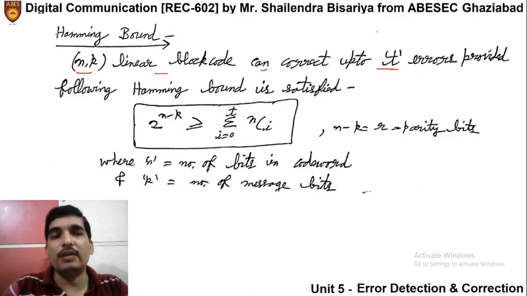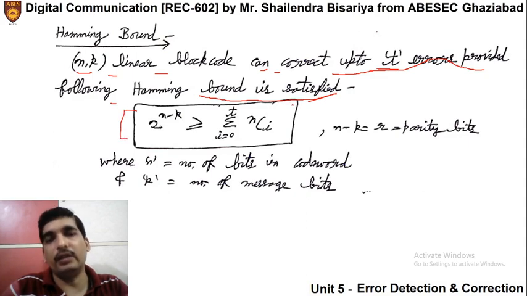Now what Hamming said is that for an (n, k) linear block code, we can correct up to t errors provided the following Hamming bound is satisfied. So this condition must be satisfied, only then can we correct t number of errors.